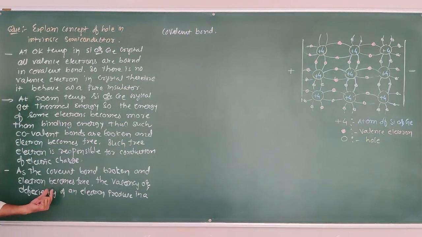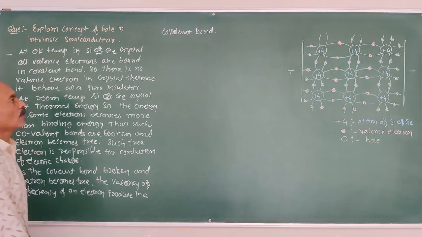This deficiency or vacancy of an electron is known as what?